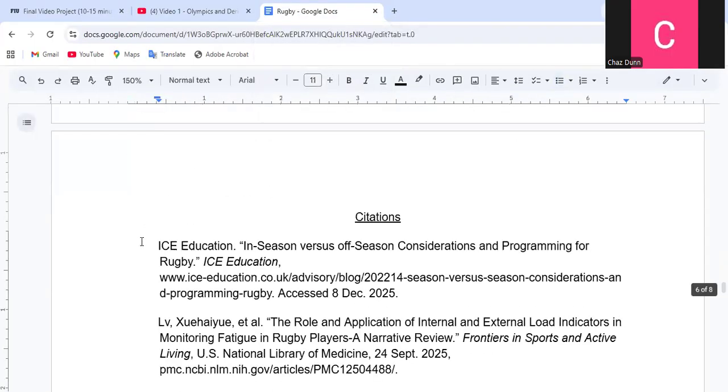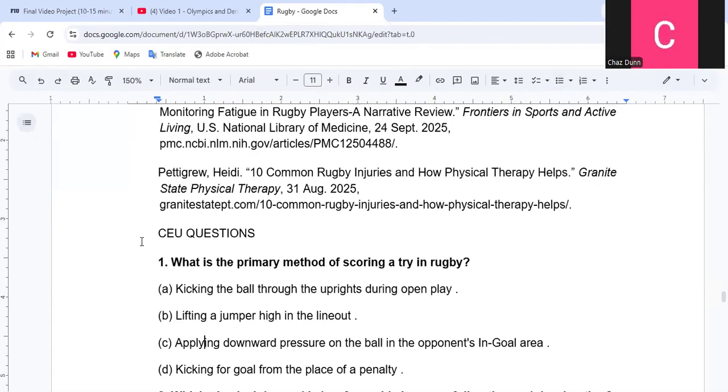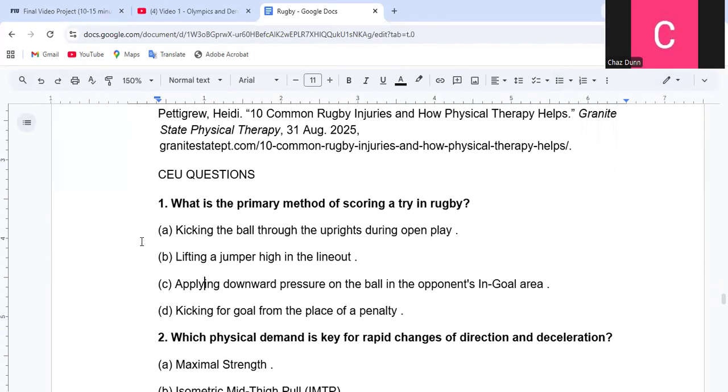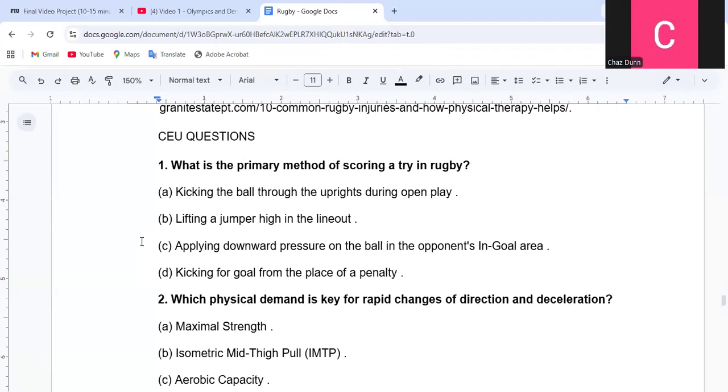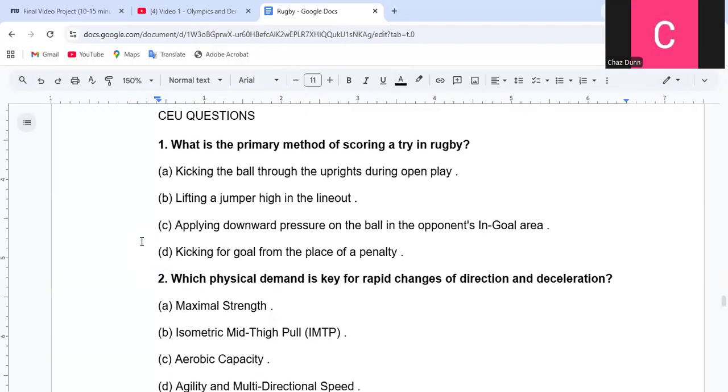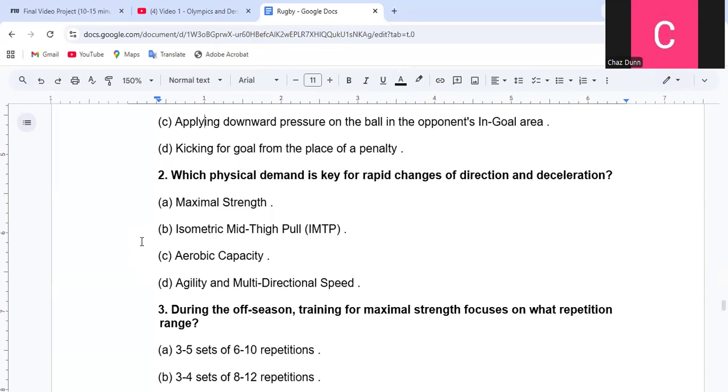All right, as we make our way down, here are the CEU questions. What is a primary method of scoring a try in rugby? Which physical demand is key for rapid changes of direction and deceleration?